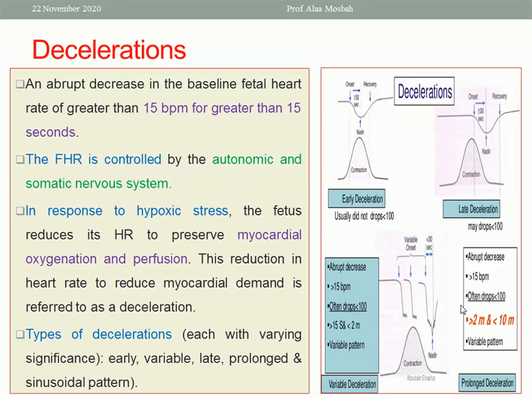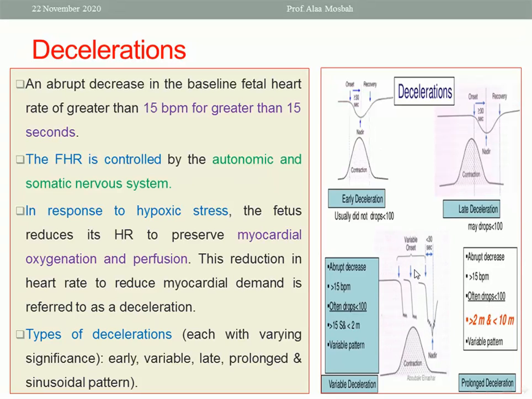This reduction in heart rate to reduce myocardial demand is referred to as deceleration. We have different types of deceleration, each with varying significance: early deceleration, variable deceleration, late deceleration, prolonged deceleration, and sinusoidal pattern.